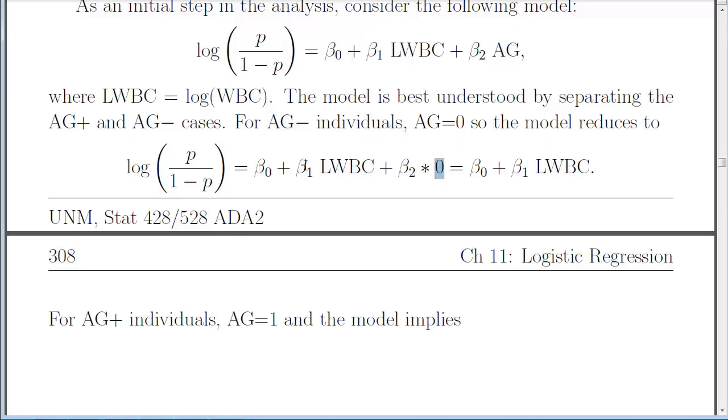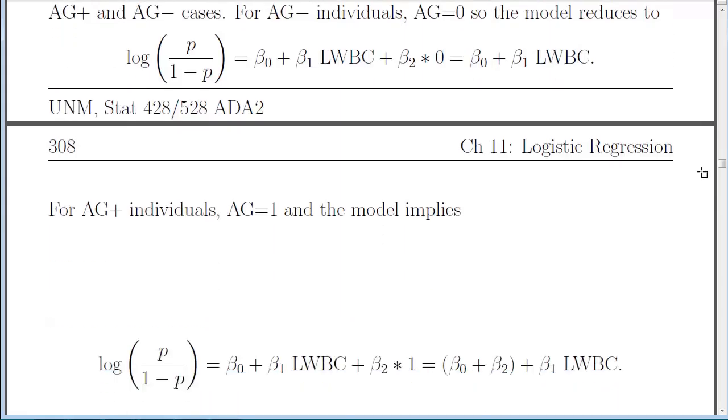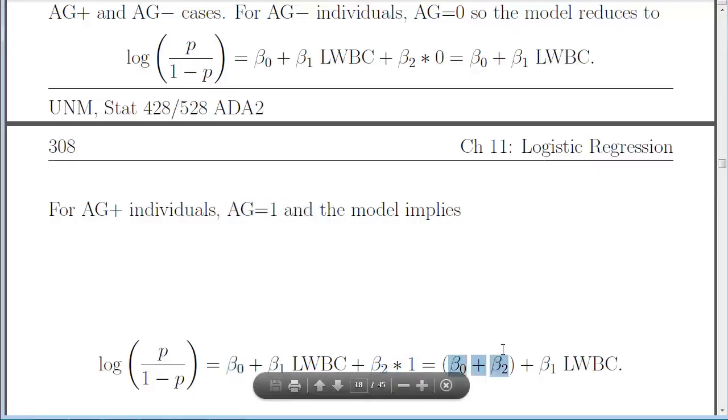And so you can write out what the regression equation is for those AG negative individuals. If I scroll down a little bit, for AG positive, then it's going to equal 1. And so now we've got beta naught and beta 1 that can be added together. So we have different intercepts, but the same slope.